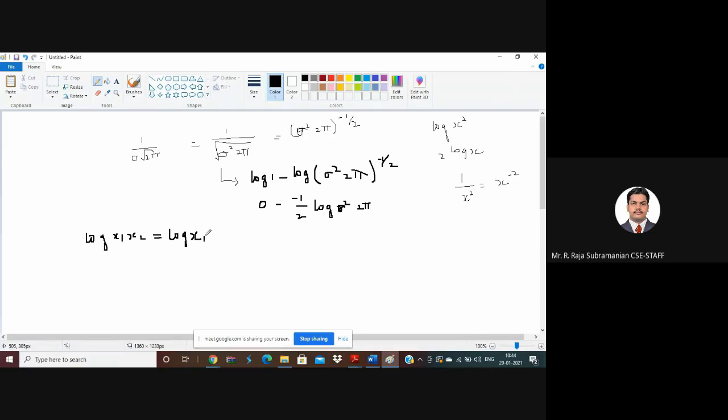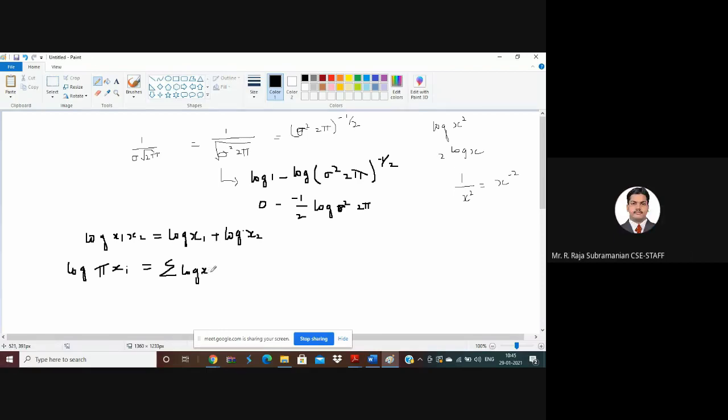Am I right or wrong? The same thing I'm writing somewhat differently: product of some xi values. If I take log of this product, shall I convert this into summation of log xi? Can I do this or not? Yes, sir, we can do.